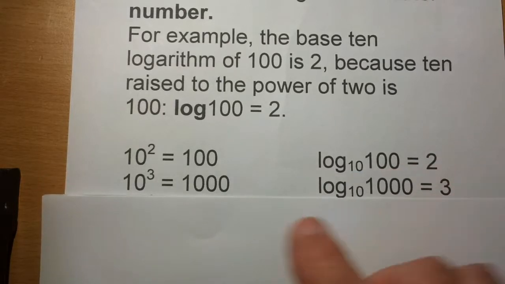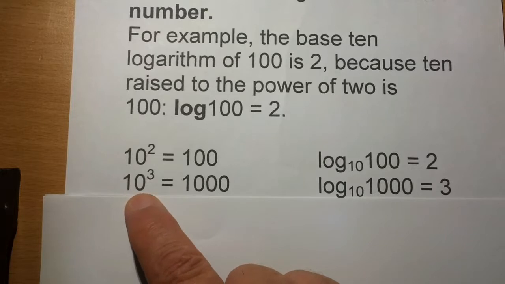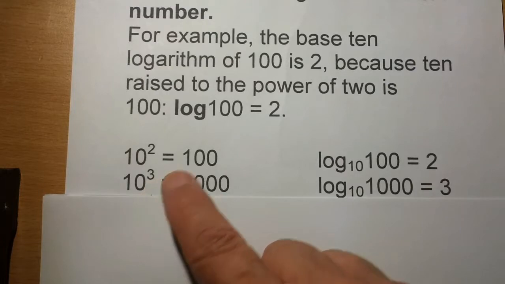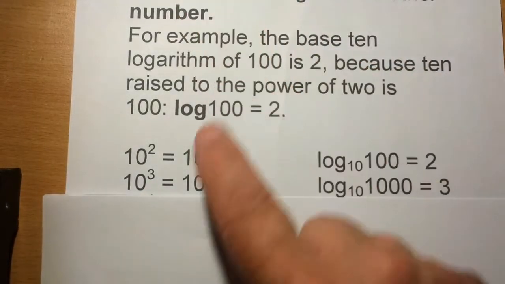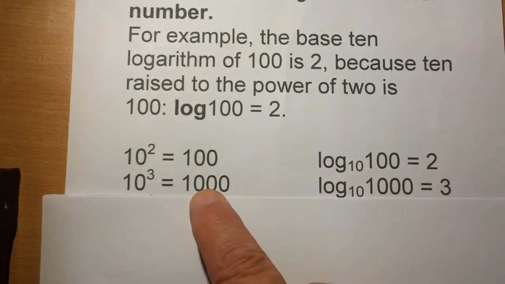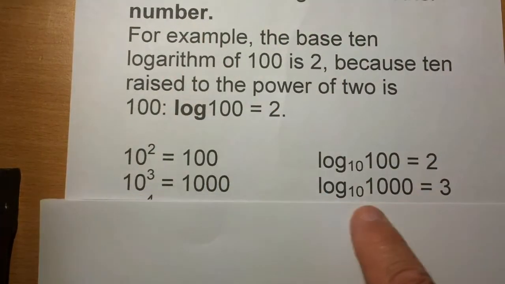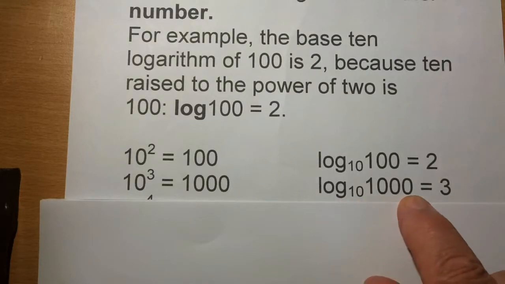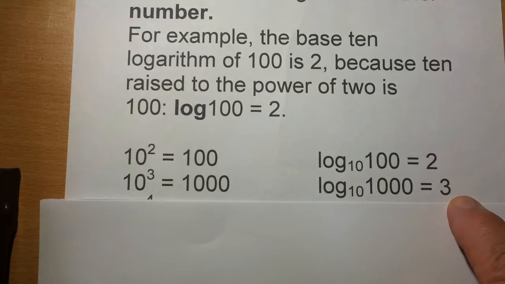Again, if we look at this example, 10 to the power of 3 is equal to 1,000. 3 is the power to which 10 must be raised in order to get that other number. Log 1,000 to the base 10 is equal to 3.